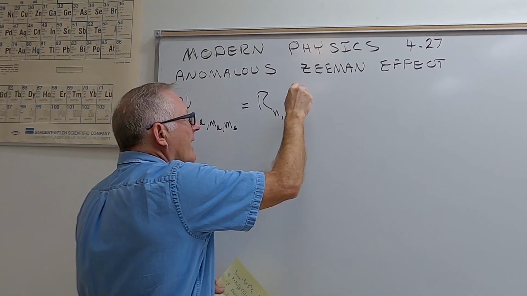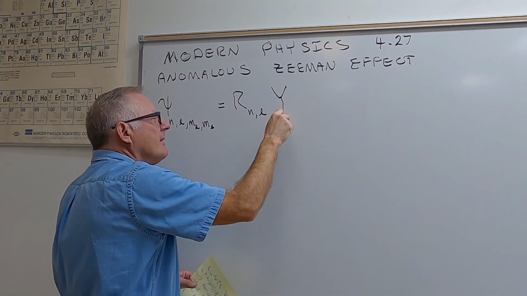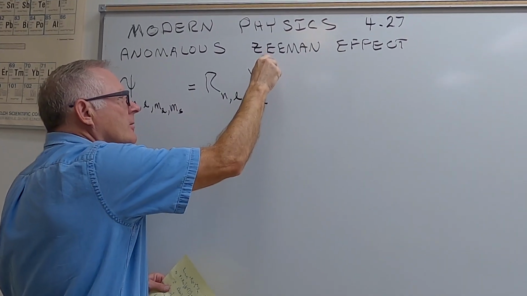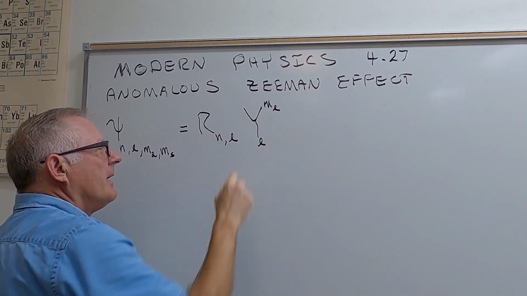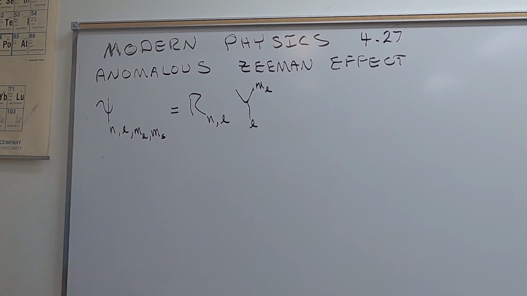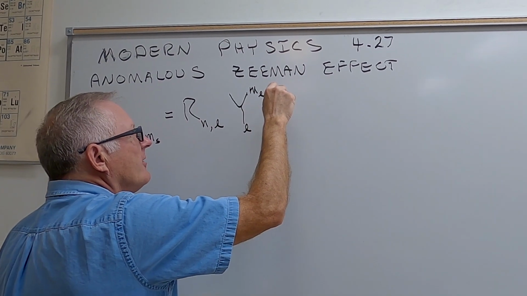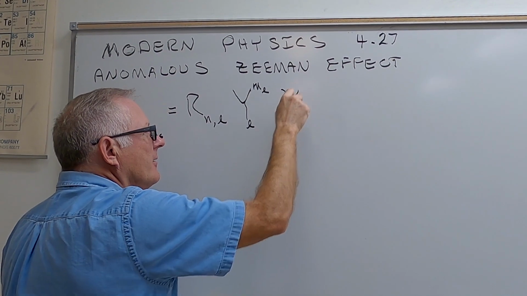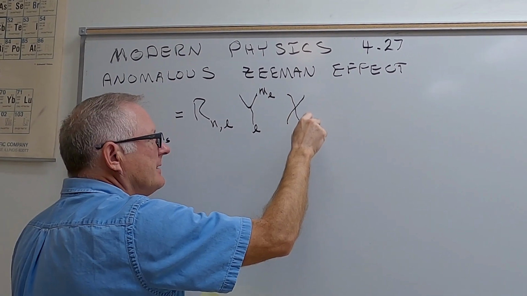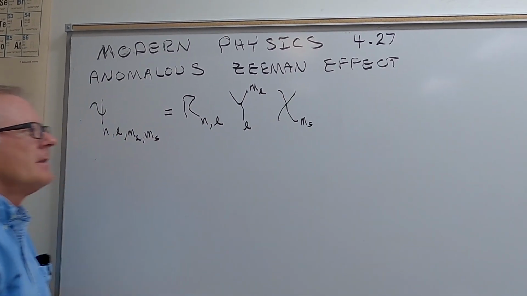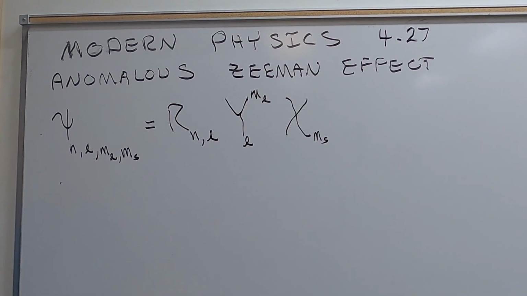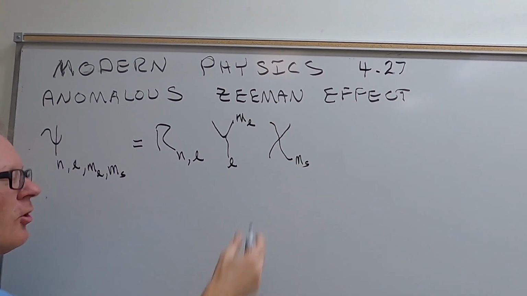And then it also has the spherical harmonics, which depend on l and m sub l. That was your theta and phi component. And now we have the spin component, which depends on m sub s.